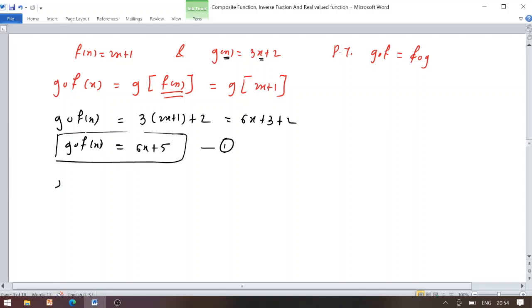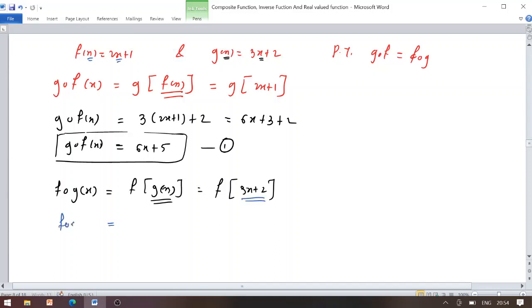Same thing we can evaluate for f composition g of x. We can write it as f of g of x now. Again we have the value of g of x as 3x plus 2, so let's replace by that. Now for finding f of (3x + 2), replace all x in the function f by 3x plus 2.